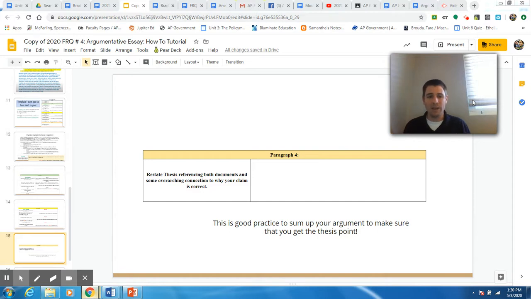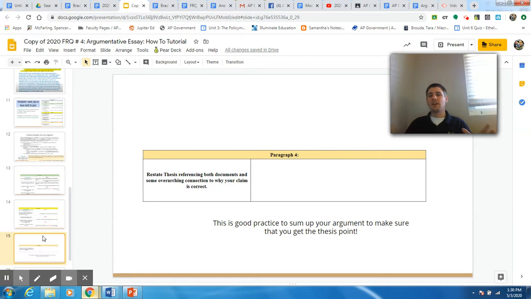Just one culminating sentence where I would say, as evidenced by my documents, document A, document B, expanding the federal government has helped benefit policymaking because it has allowed a more coherent structure of government where states are not creating conflicting laws and states do not have the ability to infringe upon people's civil liberties and civil rights.